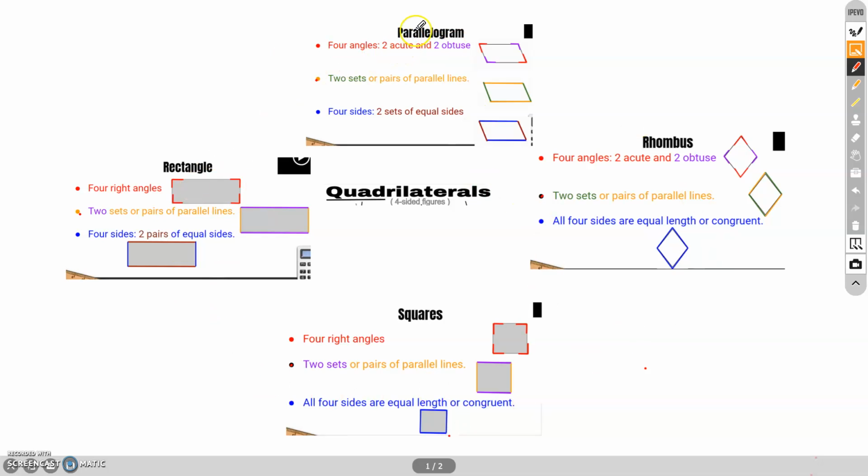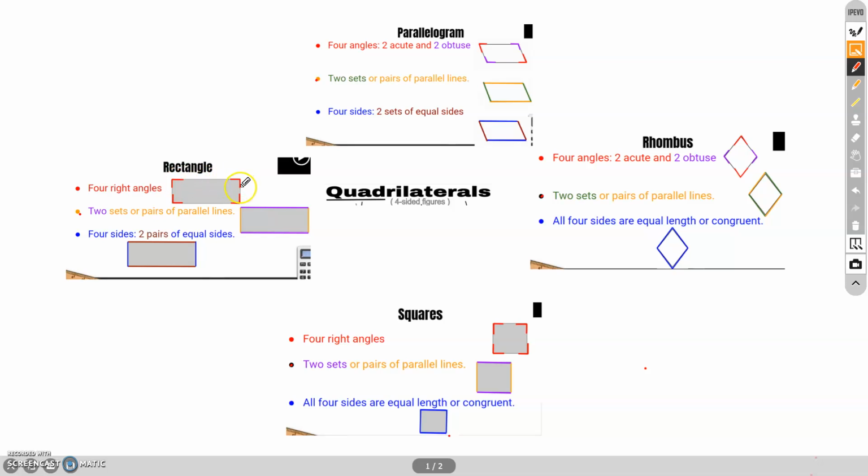Okay? Now, the difference between a parallelogram and a rectangle is that a rectangle has four right angles, okay? And a right angle is also called a squared corner. I sometimes call it an L shape, okay? And it has four of them.